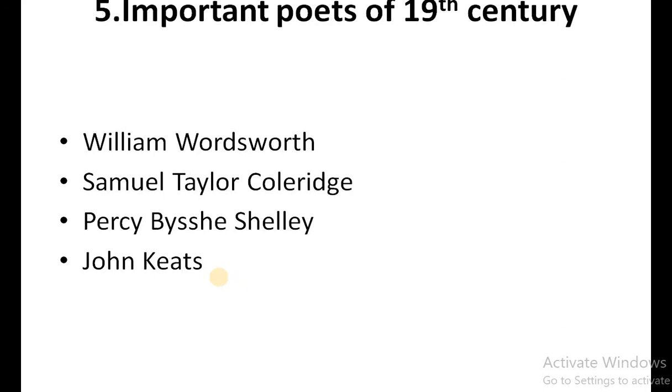So we cannot study literature only through words on the pages, but the background of that era in which literature was produced is also important. So that's all for today's lecture, and I hope you have understood it well.